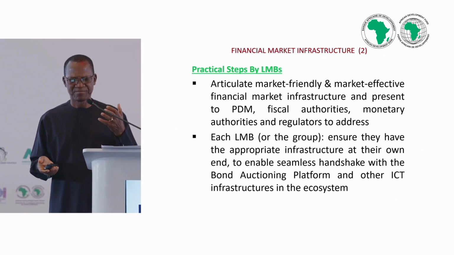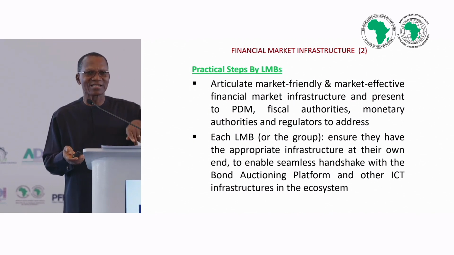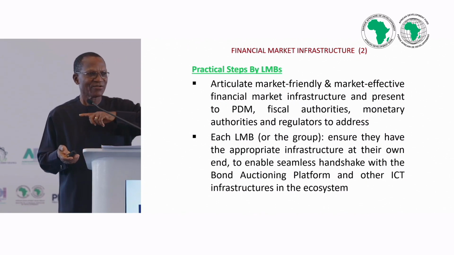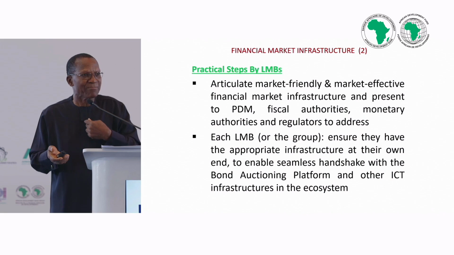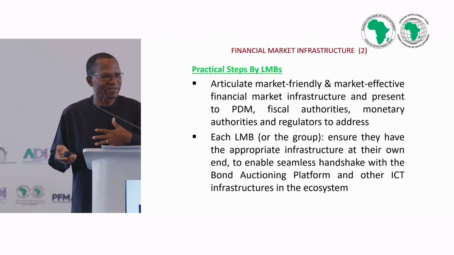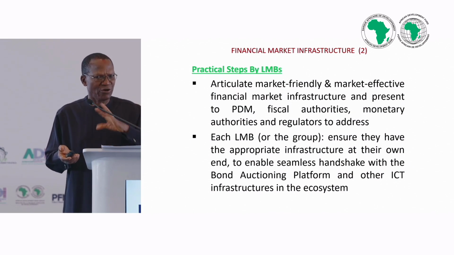And if there is infrastructure that the lending money banks believe should be provided in the economy, not by them as the private sector, but by the regulators and by the governors of the economy, they should also make requisition for it through the debt management office. I hope you get what I'm saying.